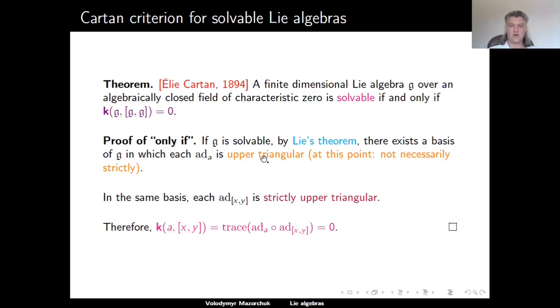The product of an upper triangular and a strictly upper triangular matrix is a strictly upper triangular matrix, and hence has trace 0. This means that the value of the Killing form evaluated at an element of G and an element of the derived algebra of G is 0. So this proves the only if part of the theorem.